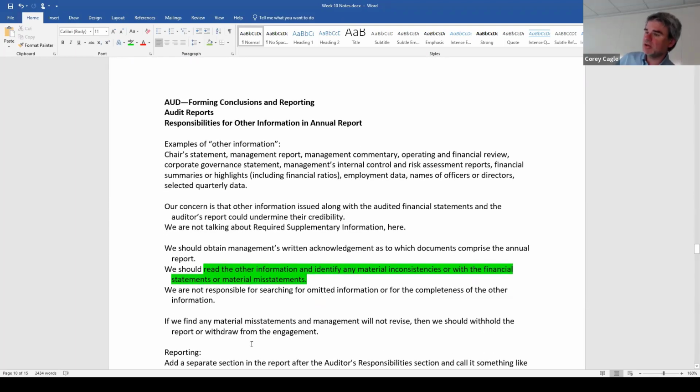Other information in an annual report. So we're talking stockholder stuff, annual report information for them. What about other information, so-called?